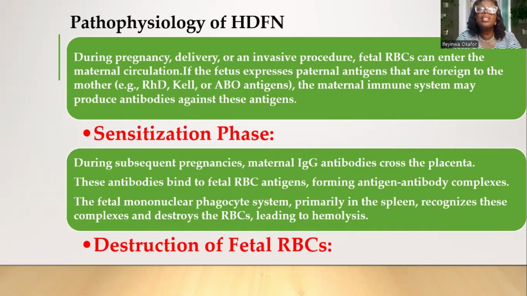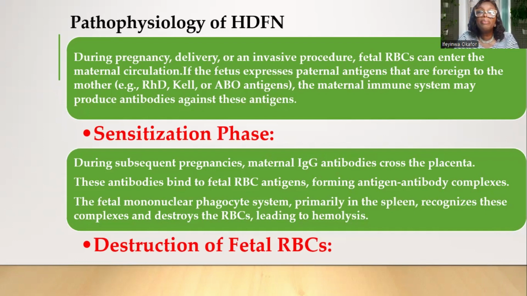The sensitization phase is a situation where the mother is sensitized against the antigens found on the baby's red blood cells. This could happen as a result of fetal maternal leakage, where a small portion of the baby's blood leaks into the mother's circulation, either during pregnancy, during delivery, or during any form of invasive procedure. The mother can also be sensitized as a result of transfusion of incompatible blood.